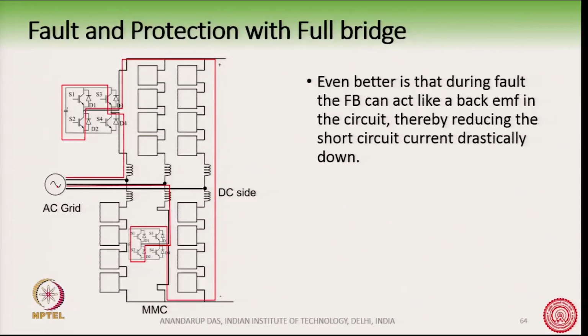Okay. Remember that there is a grid voltage source here and there is a controllable voltage source here. The full bridge is a controllable voltage source, the arm is a controllable voltage source.